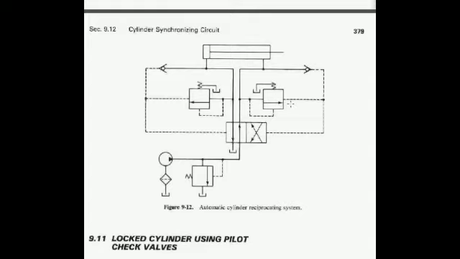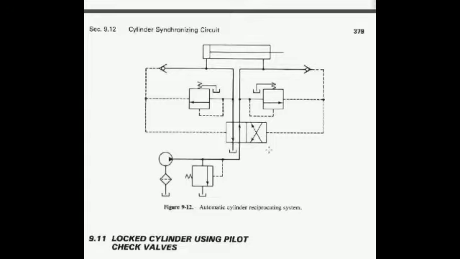So I will get the fluid flow in this direction, and it is going to actuate the right envelope of the direction control valve. Whenever I get the fluid in this envelope, this position can be actuated.